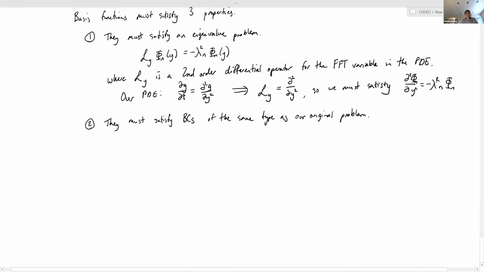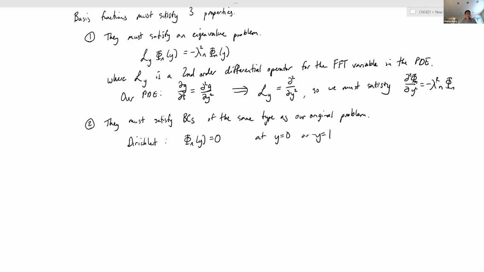There are three types of boundary conditions that are found commonly in these sorts of problems. You don't really need to know what they're called, but one of them is called Dirichlet, like that. And it's just that, at y equals 0 or y equals 1. Okay.